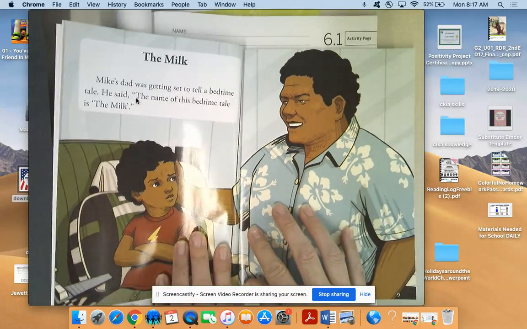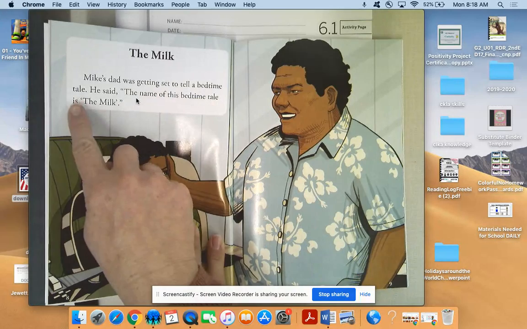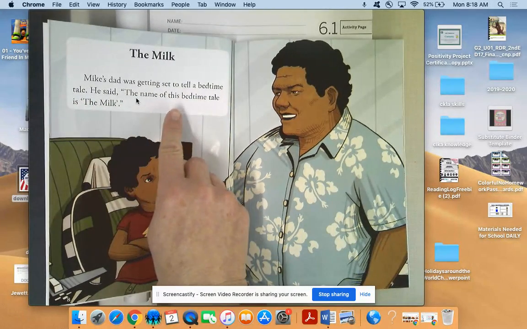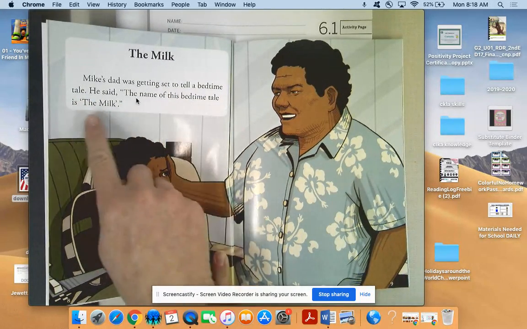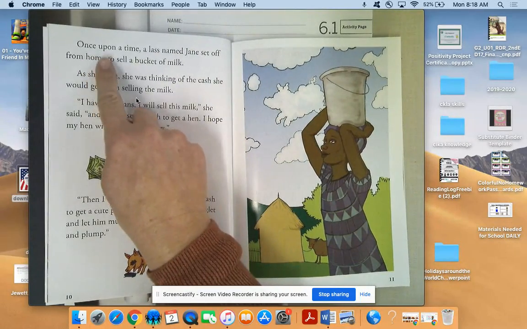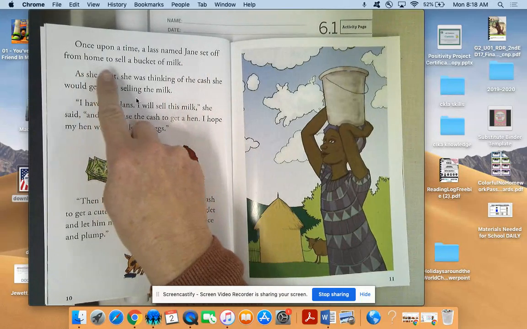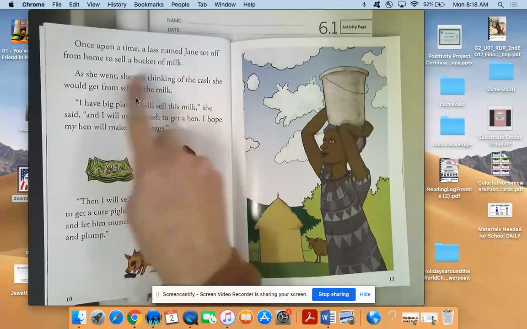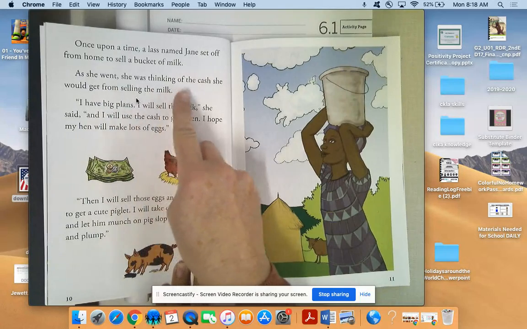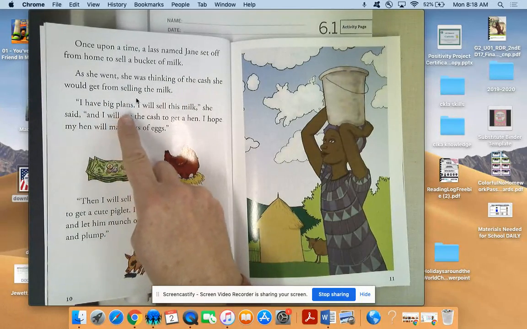The Milk. Mike's dad was getting set to tell a bedtime tale. He said, "The name of this bedtime tale is The Milk." Once upon a time, a lass named Jane set off from home to sell a bucket of milk. As she went, she was thinking of the cash she would get from selling the milk. "I have big plans.